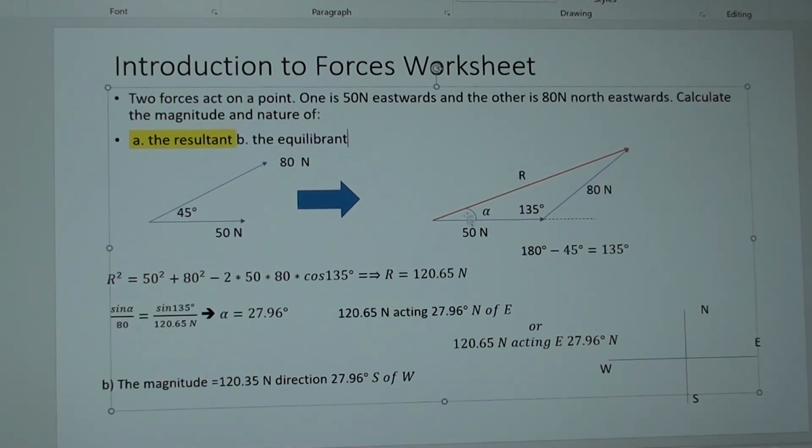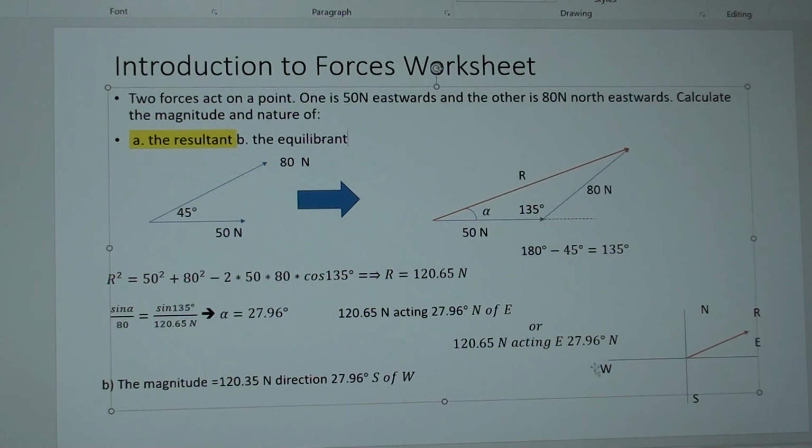Alright, so the resultant force, which we determined earlier, was going in that direction. If we put it carefully, it would be a small angle, as we found it to be 27.96, and the value for it will be equal to 120.65 newtons, the magnitude. We label this one R, which is the resultant force.